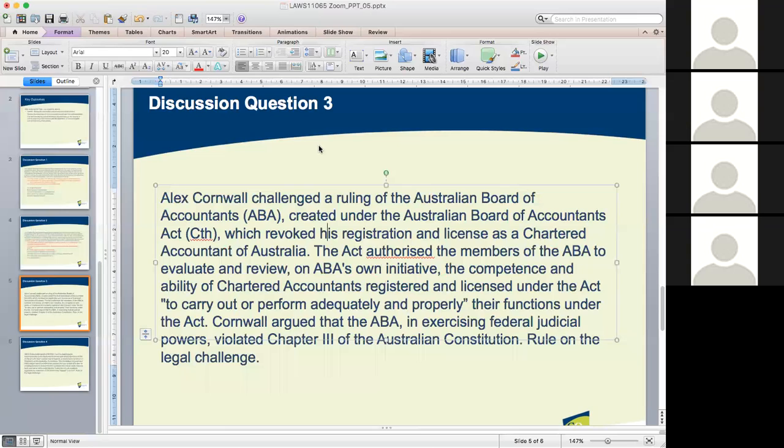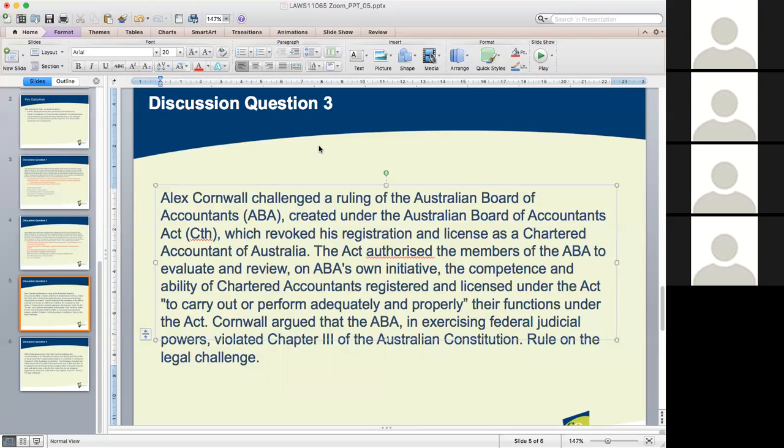Alex Cornwall challenged a ruling of the Australian Board of Accountants created under the Australian Board of Accountants Act, Commonwealth, which revoked his registration and license as a chartered accountant of Australia.